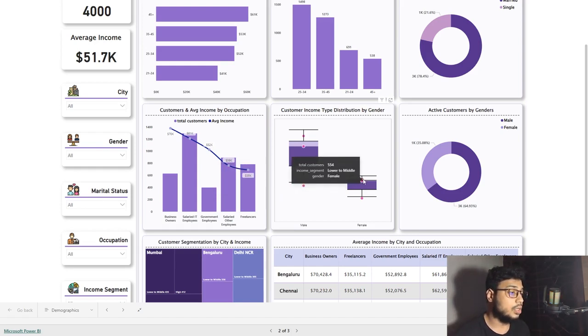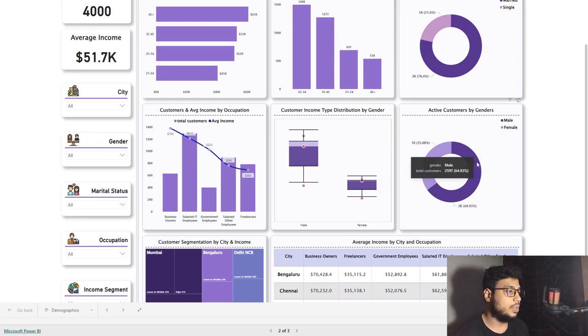Similarly for the female. This shows the distribution of the income type, and also the number of customers by male or female. Our database is more male dominant, around 2600 customers are male and around 1400 are female.